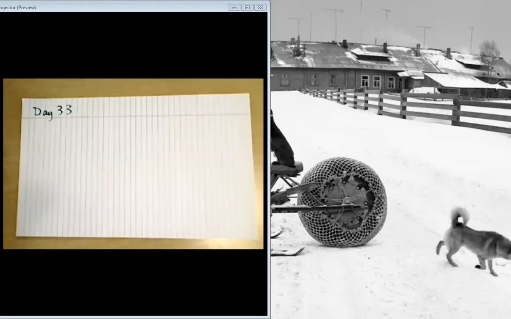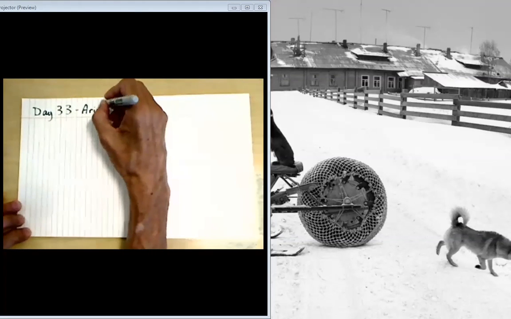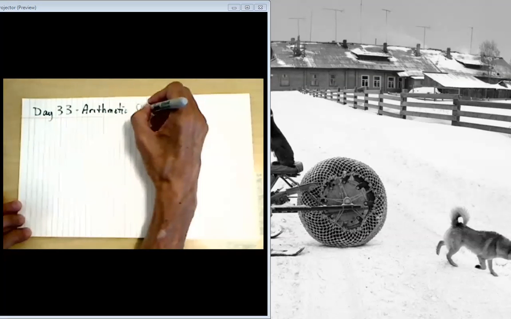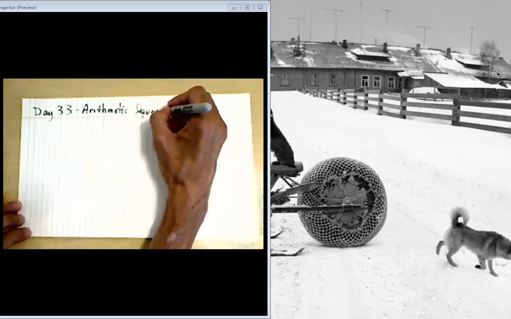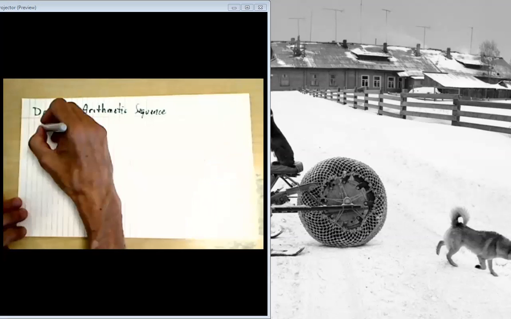Okay, so we're still going to be talking about arithmetic sequences, but they're just sort of fancier type questions. They're two-step questions.